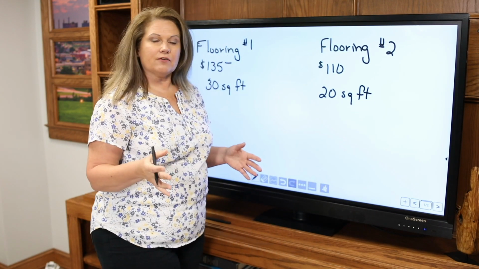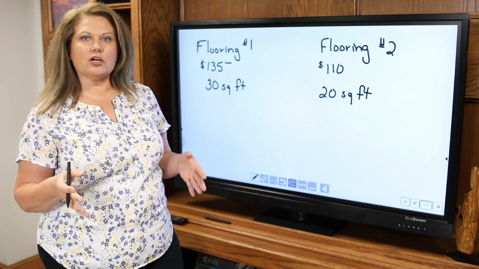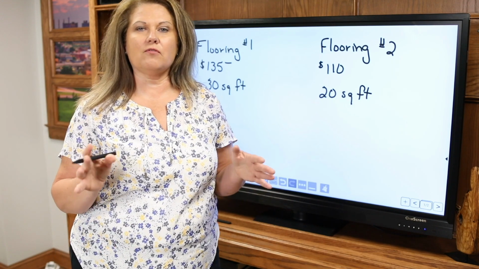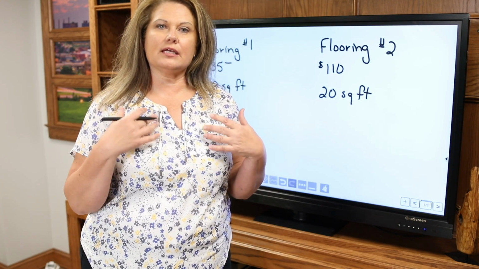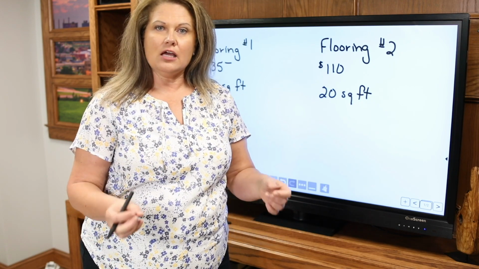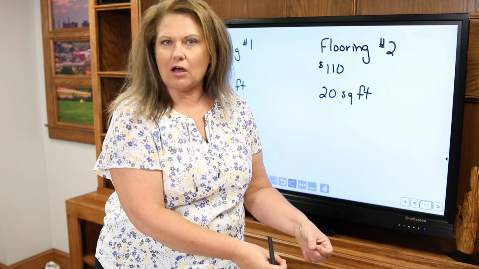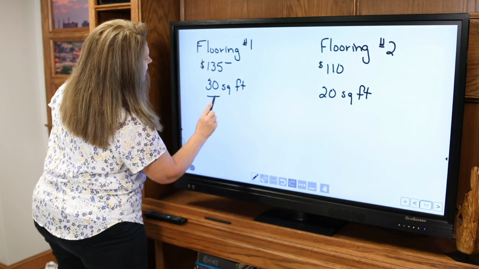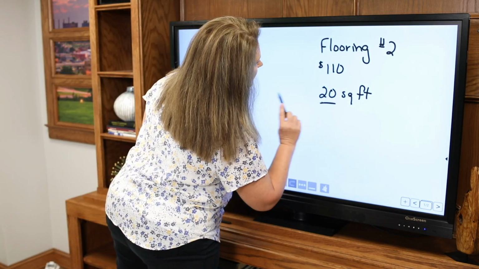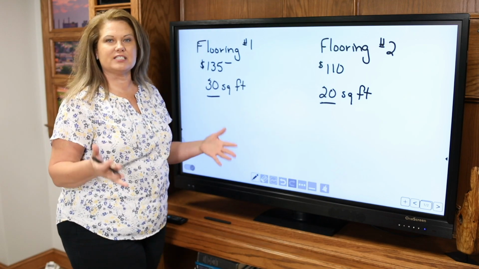Now there's a couple of different ways you can do this. I want to show you how you can reason this out before I show you how to do unit rate, because sometimes you can get to your answer faster without taking it all the way down to a single unit. Now, if you notice, both of our square footage are in units of 10.